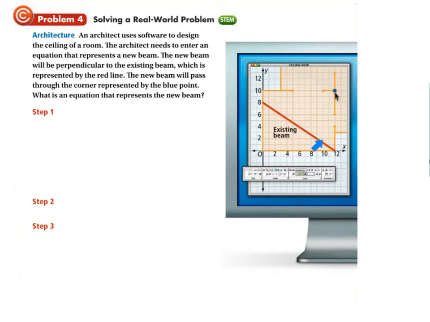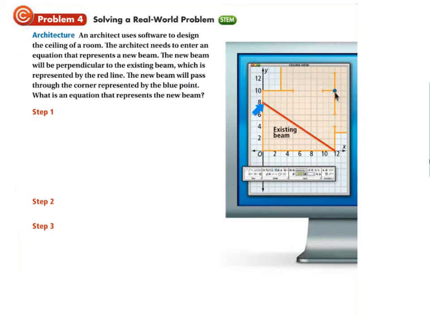This is the existing beam that's there, and the architect needs to enter an equation that represents a new beam. This is all laid out into the graph. My wife's an architect, so I see this kind of stuff all the time on a more complex level, of course. The new beam will be perpendicular to the existing beam, which is represented by the red line. The new beam will pass through the corner represented by the blue point. What is the equation that represents the new beam?